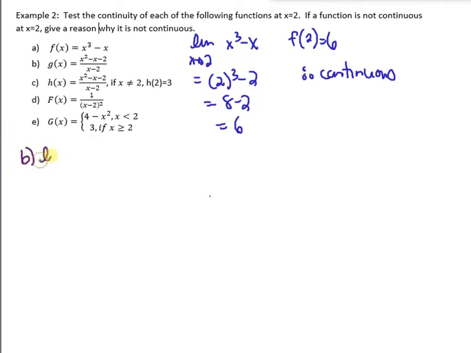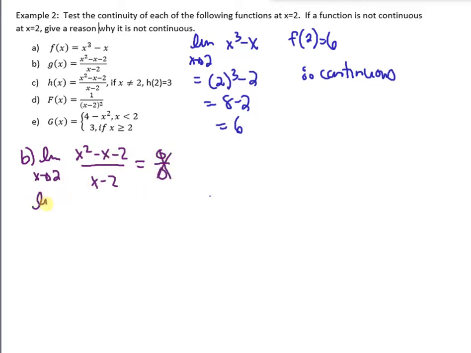The limit as x approaches 2 of x squared minus x minus 2 over x minus 2. Immediately this is a flag. If we sub in the 2, we are going to get 2 minus 2, which is 0. If we do a straight substitution, 4 minus 2 minus 2, we get 0 over 0. We can't do that.